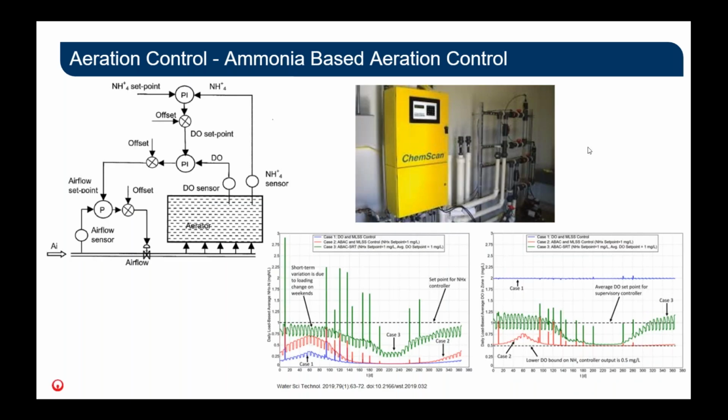Over many years now, we've seen a substantial advancement in ammonia-based aeration control being used in our nutrient removal systems. That offers some improvements in energy consumption, minimizing the amount of oxygen and trying to maintain DO concentration levels in your aerobic reactor that aren't really any higher than they need to be to ensure you are fully nitrifying.